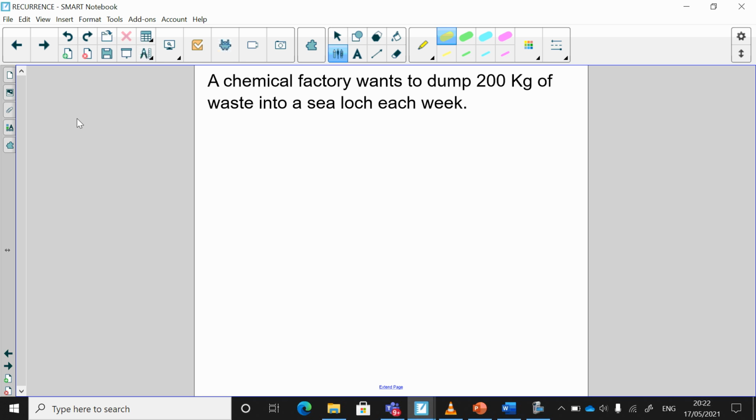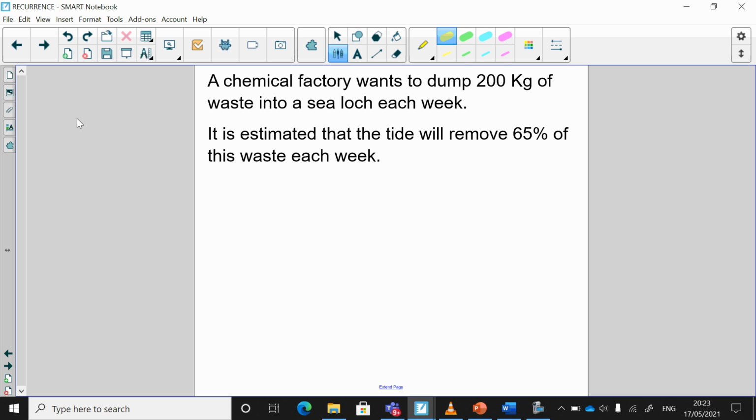Right, 200 kilograms. They want to dump that. That would actually be the original value. So that would be u0 in this problem. Right, next piece of information. So I'm saying here, we get some kind of process that will remove some of the waste, tidal action, and it says it will remove 65%.